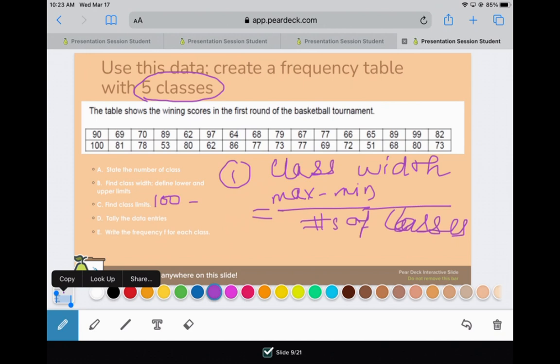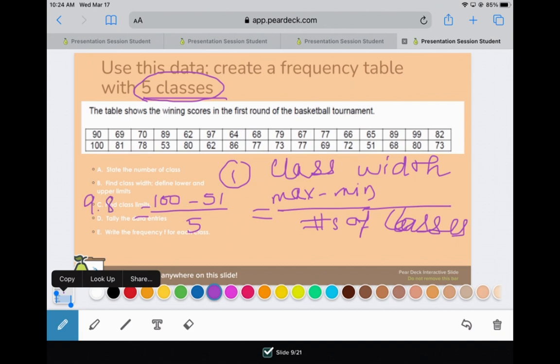Some of you were perfect, and some of you chose the wrong number, so it's a good idea to go back and check. 100 is the highest number, and the lowest value is 51. If I divide by the classes, which is 5, 100 minus 51 divided by 5 gives me 9.8.